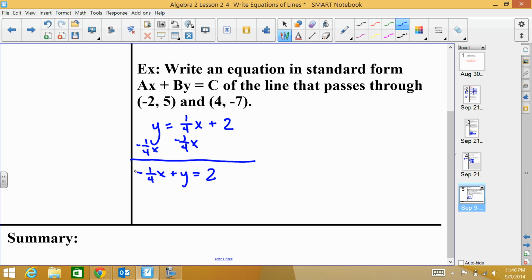It's 4. So I'm going to multiply everything in this equation by 4, therefore eliminating all of my fractions. So if I distribute this, I would end up with negative x plus 4y equals 8. And that would be my final answer in standard form. So if you come across one that has fractions in it, remember that in standard form you have to have all integers.